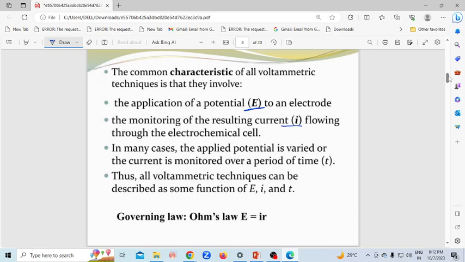In many cases, the applied potential is varied while the current is monitored over a period of time, so we are measuring current as a function of applied potential. Thus all voltammetric techniques can be described as some function of E, I and T. E means potential, I means current, and T is time. The governing law is only Ohm's law, V is equal to I R.